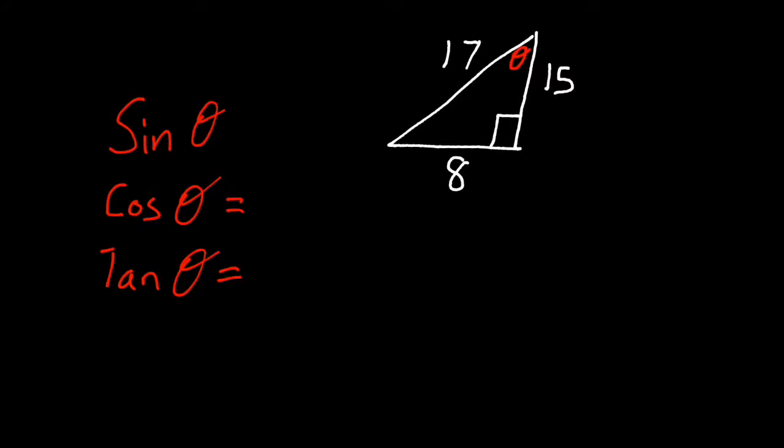Well, if we remember what SOHCAHTOA stands for, we can put it all together. So what was the sine again? Hopefully you say to yourself, it's the opposite over the hypotenuse. What's the cosine? It's the adjacent over the hypotenuse. And then what is the tangent? It is the opposite over the adjacent. So there is our SOHCAHTOA.